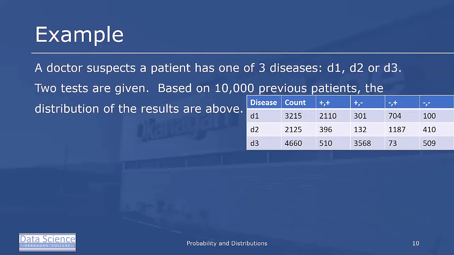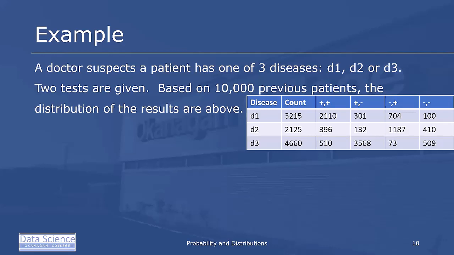One last example. A doctor suspects a patient has one of three diseases, D1, D2, or D3. Two tests are given, and based on the results, we're going to make our diagnosis. Based on 10,000 previous patients, the distribution of the results are shown as follows.